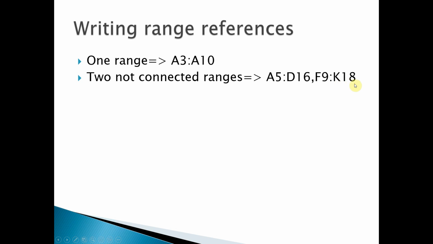So the comma is for connecting things that are not joint areas, and the colon is for writing a range of continuous cells. These are the 2 things you need to remember to be able to understand exactly what a cell range script means. You might also hear the terms cell reference and range reference. They describe exactly the same thing as the term cell range script I used.